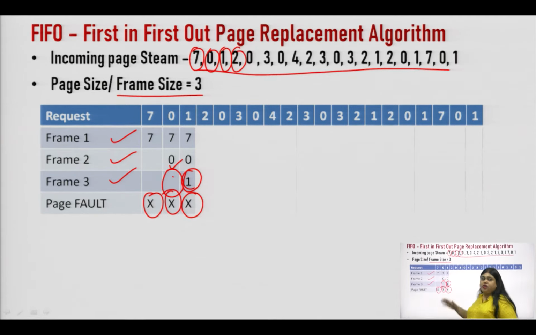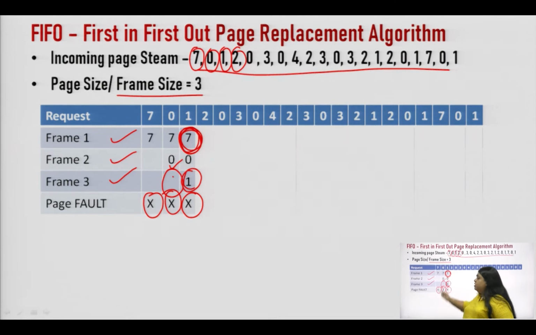But now all the 3 frames are full. Now, what we have to do is, for bringing any new page into the frames, we have to replace some already existing pages. So, what was the concept of FIFO? It talks about the oldest page. So, which was the oldest page that came into the main memory? 7 was the oldest page.